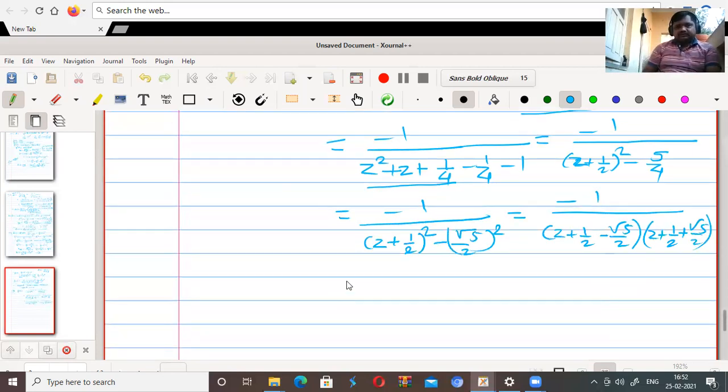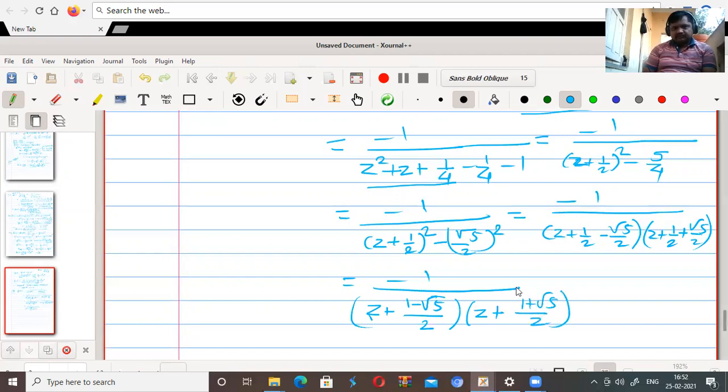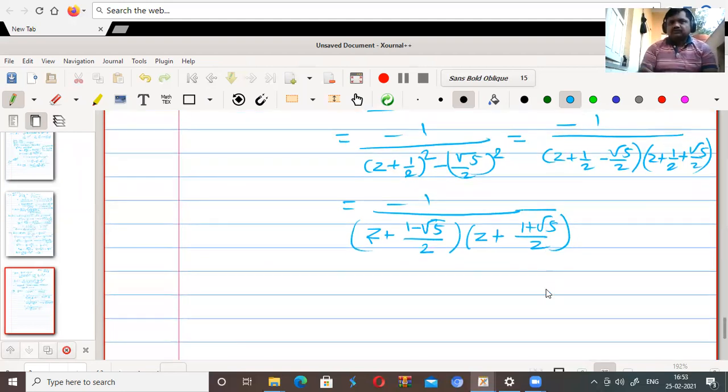Okay, which is equal to minus 1 upon z plus 1 minus root 5 upon 2, and z plus 1 plus root 5 upon 2.